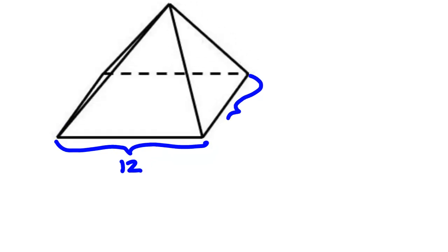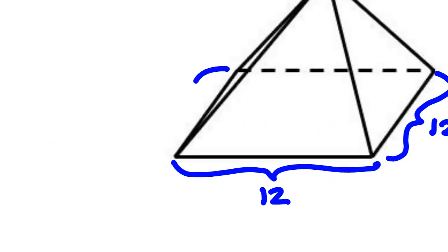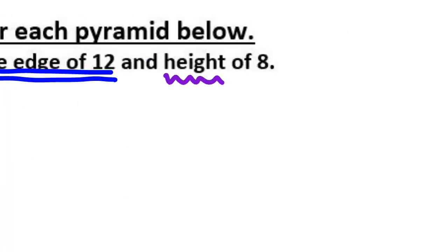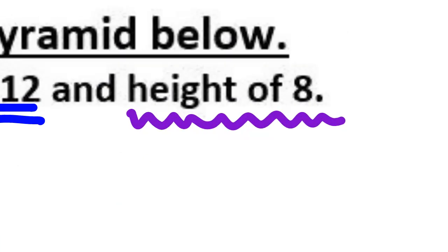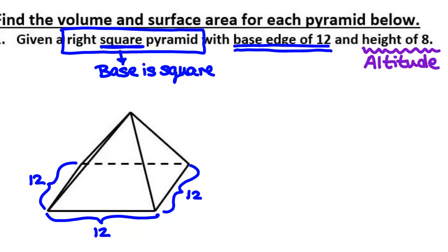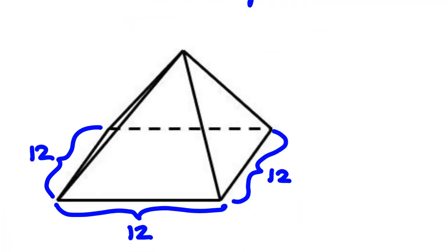Since it's a square, this edge over here would also be 12. This edge over here would also be 12, and so would the one in the back. And then it says we have a height of 8. That's my altitude, going from the vertex straight down to my base and making a right angle where it hits my base.